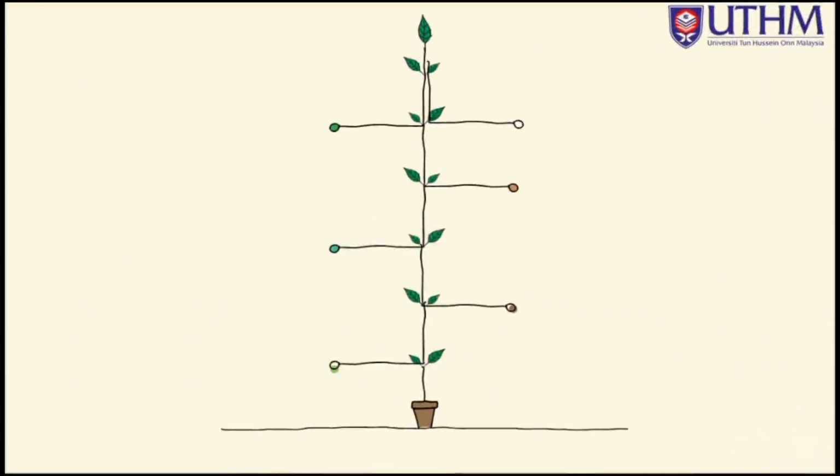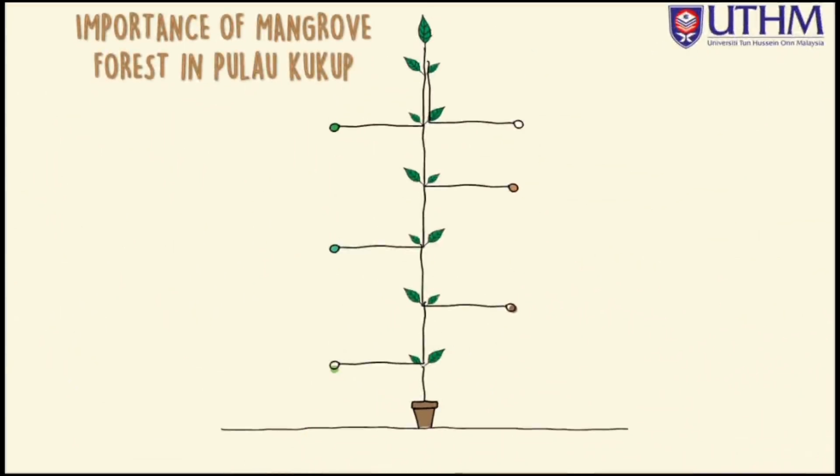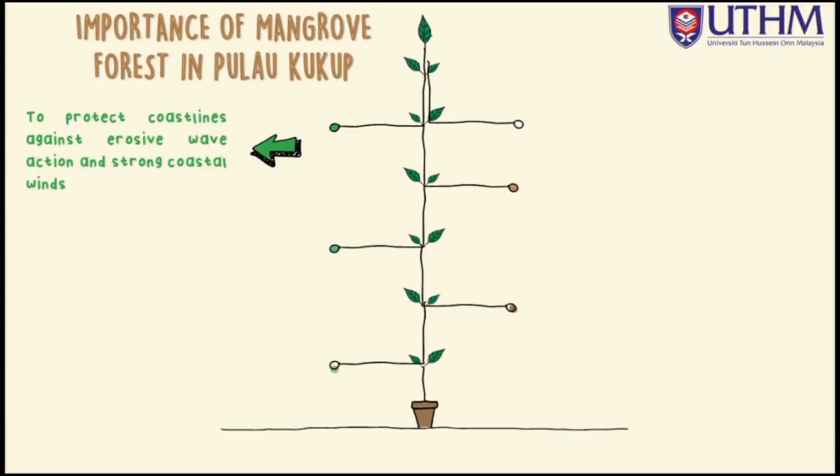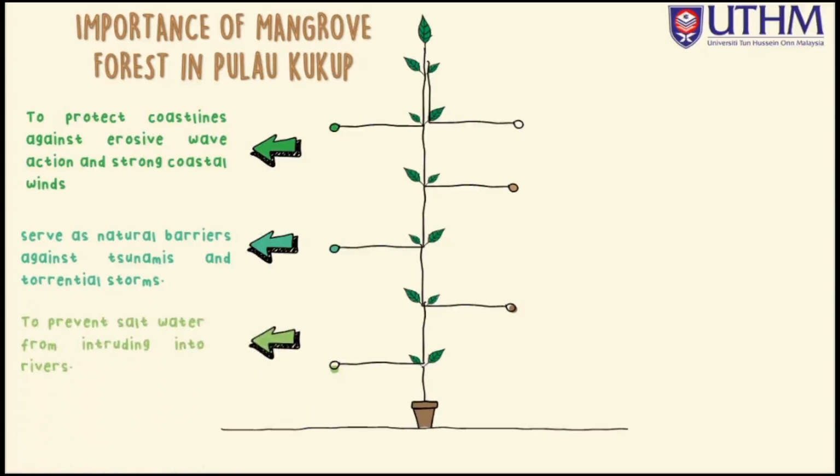The importance of mangrove forests in Pulau Kukup is, first, to protect the coastline against erosive wave action and strong coastal wind. Second, to serve as a natural barrier against tsunami and torrential storms. Third, to prevent saltwater from intruding into rivers.